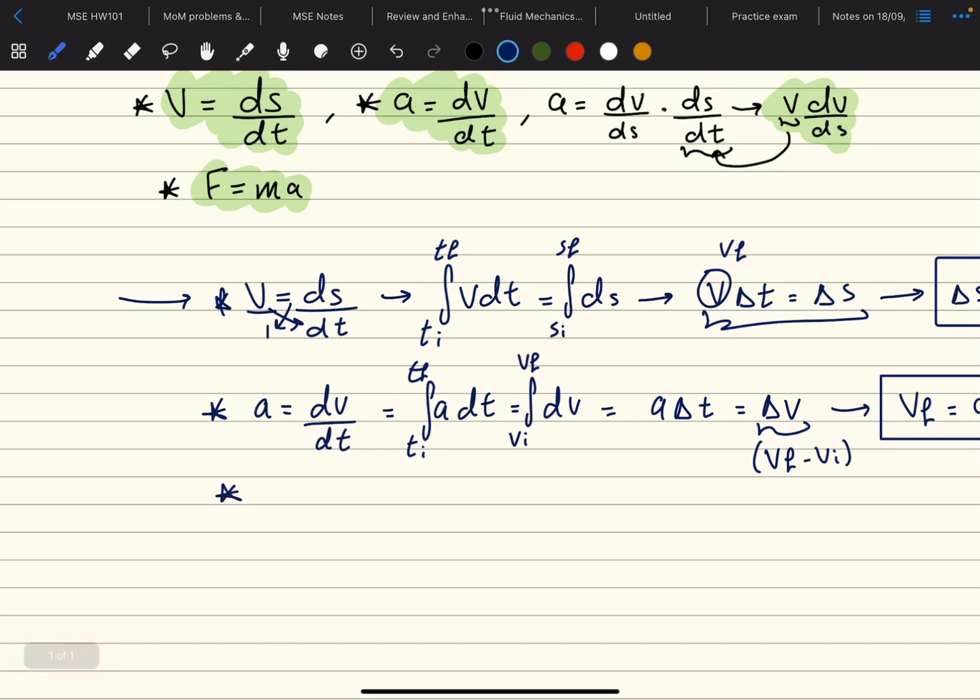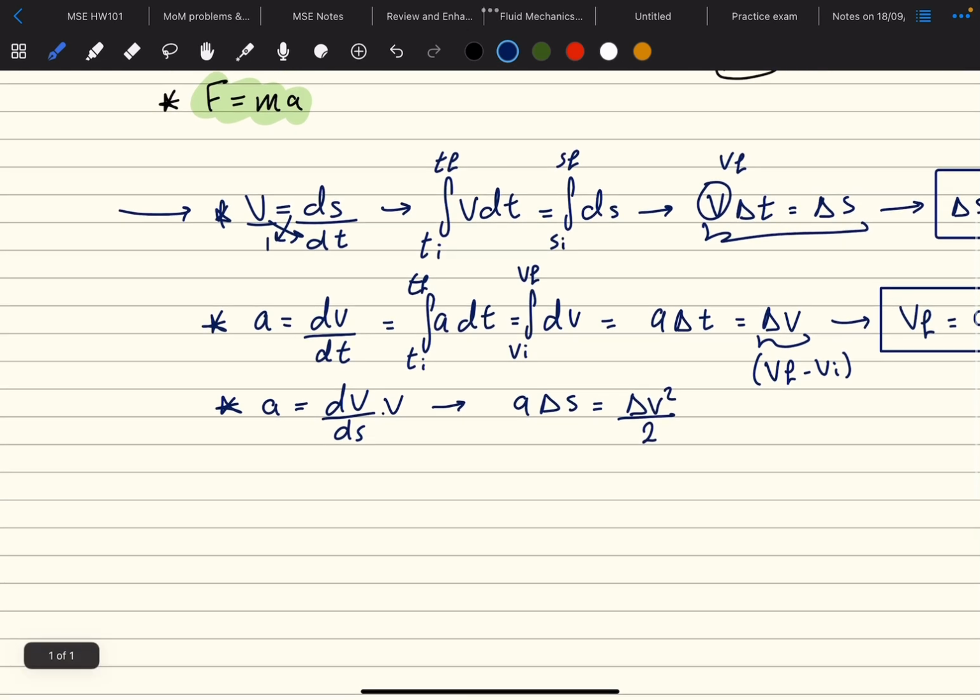Our third equation would use a = v dv/ds, which then would be a delta s is equal to delta v squared over 2. How do we get that?